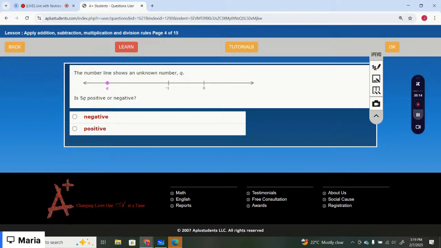The number line shows an unknown number Q. Is 5Q positive or negative?